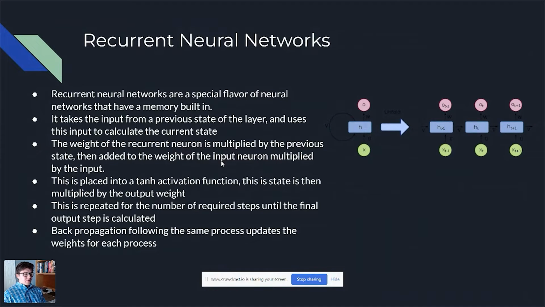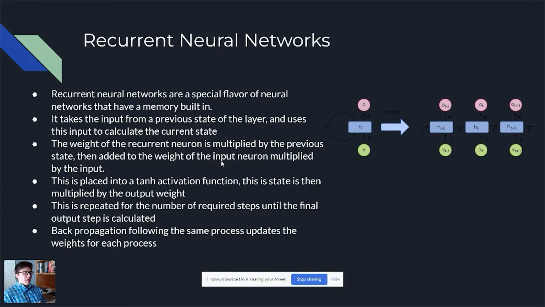Now, this is a special flavor of neural networks that, on a high level, take into consideration the training from what is known as a previous state, and then implement the results from the previous state into a current state: they input the results of the previous state, combine them with the inputs of the current state, and then produce the results of that current state.